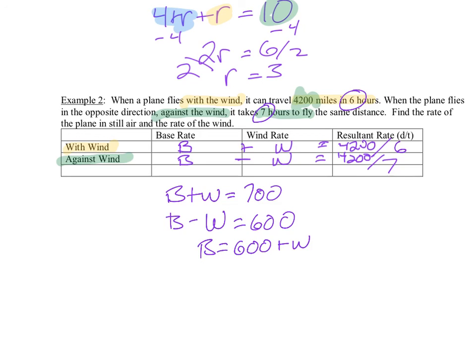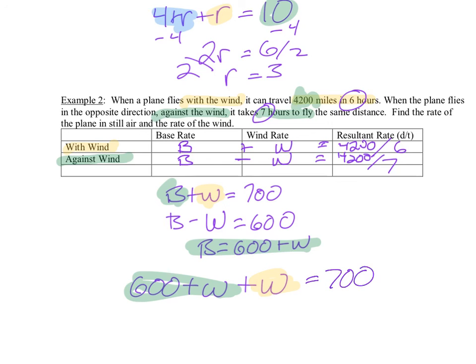B is 600 plus W, plus W. All right, let's see where these came from. This W is right here. This B, I use this equation, and it becomes this. And so this is equal to 700.